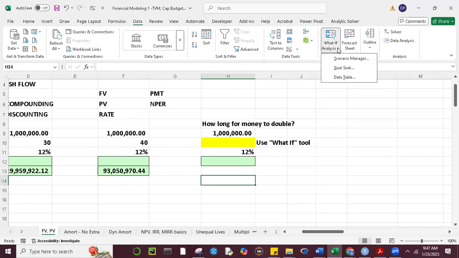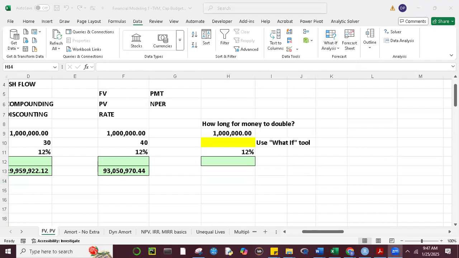So go to Data, class, and then who among you have used What-If Analysis? There are three functions here: Scenario Manager, Goal Seek, and Data Table. Could you please chat in the chat box if you have used the What-If Analysis function before? Okay, good.